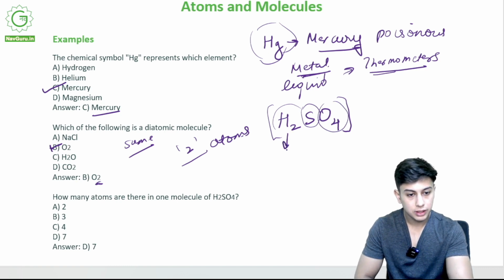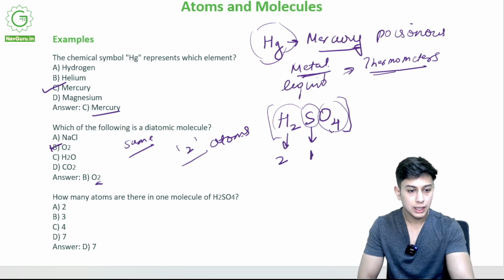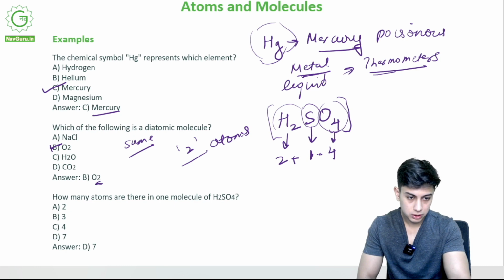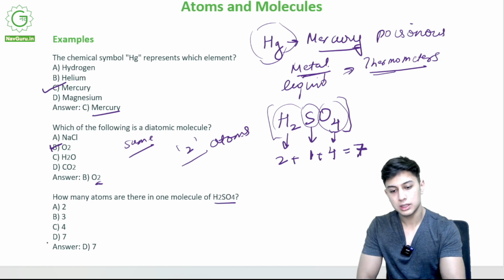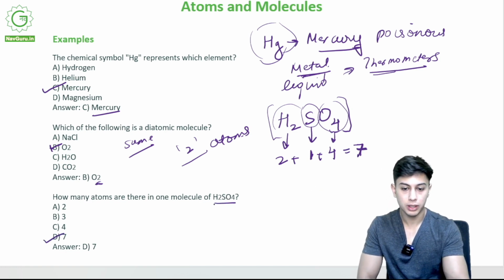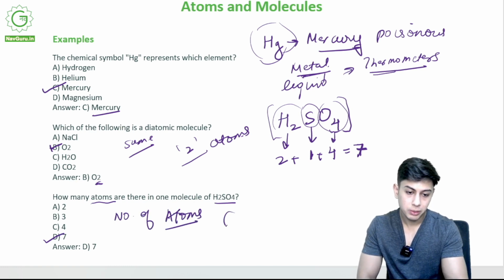I can see over here 2 of hydrogen, 1 of sulfur, 4 of oxygen. 2 plus 1 plus 4, how much would that give me? 7. Clear cut, 7. So I have 7 atoms. This is how we find the number of atoms. Simply add it up.